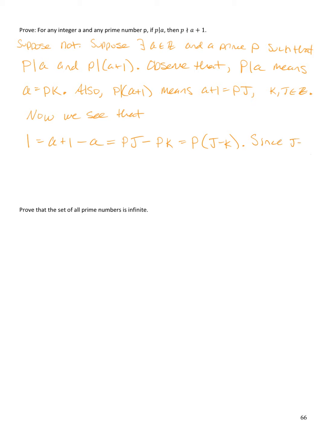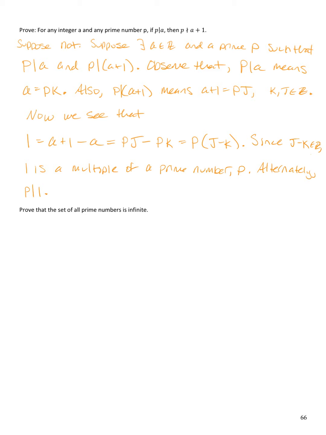Since j minus k is an integer, 1 is a multiple of a prime number p. Alternately, another way of saying that is p divides 1.